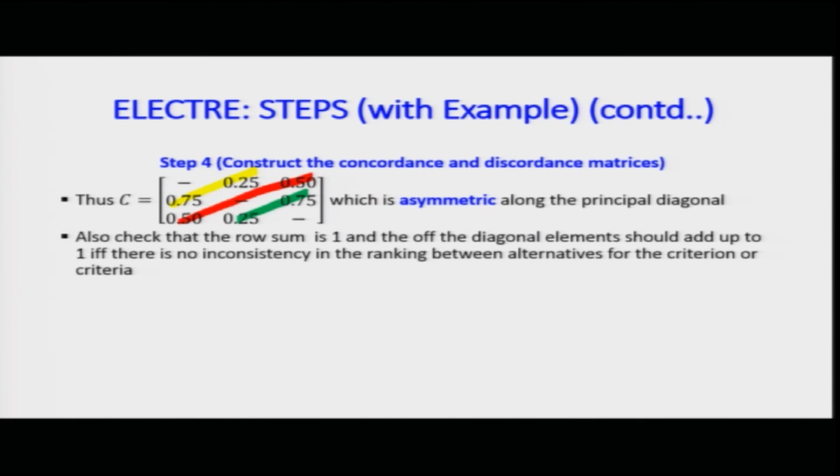So, 0.75 and 0.25 is 1, then 0.5 and 0.5 is 1, then 0.25 and 0.75 is 1. That should be true, because you are comparing in such a way that you give the concordance value in the same way.